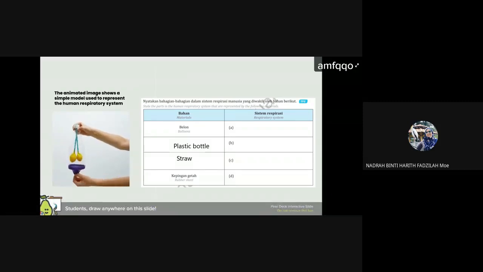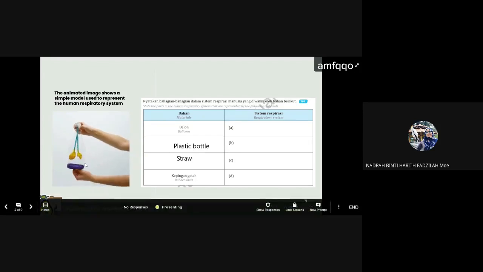In fact, my daughter used to make this model in the kindergarten. I think your kindergarten learning pun ada buat model ni using a plastic bottle, straw, rubber sheet at the bottom here, and balloons for inside the bottle to represent the human respiratory system.